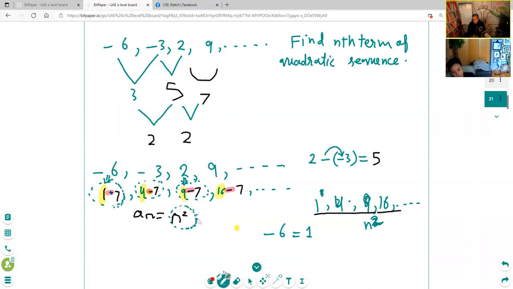You should put n square minus, and what is the general term of 7, 7, 7, 7, 7? Its general term is 7.